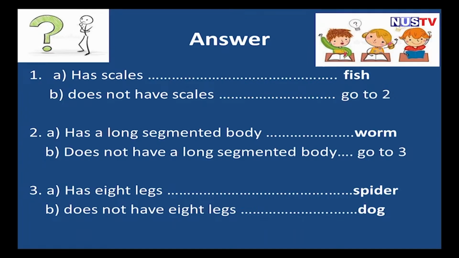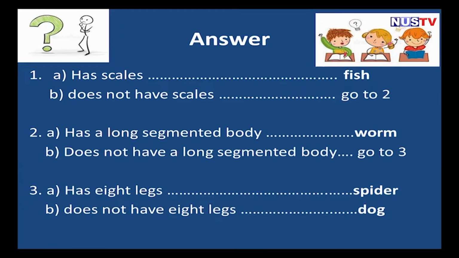The second option has a long segmented body and does not have a long segmented body. So the only organism that has a long segmented body is the worm. And our last option has 8 legs. That option is referring to the spider, and does not have 8 legs is referring to the dog.